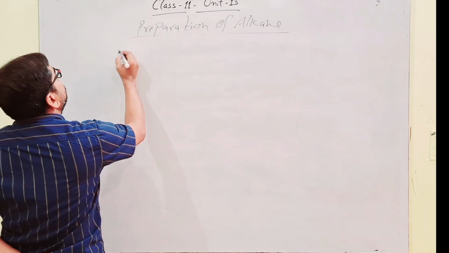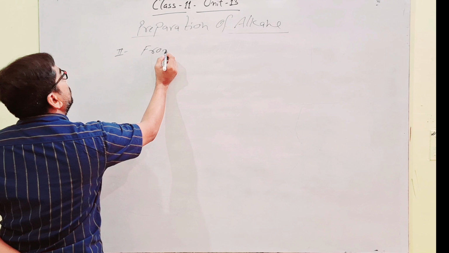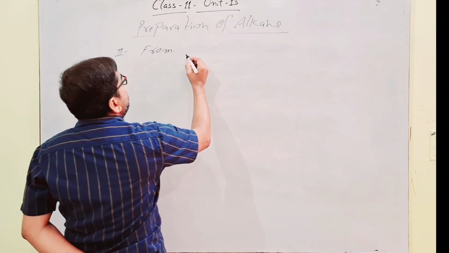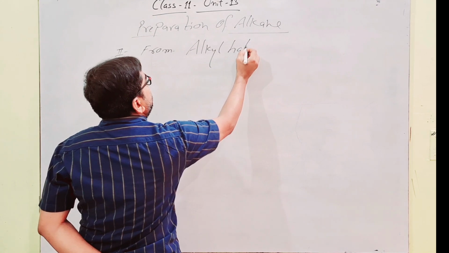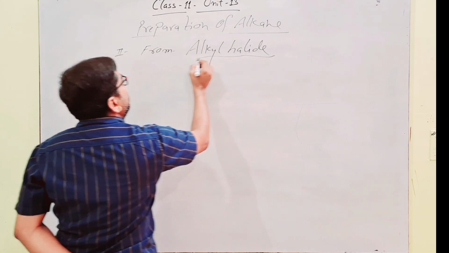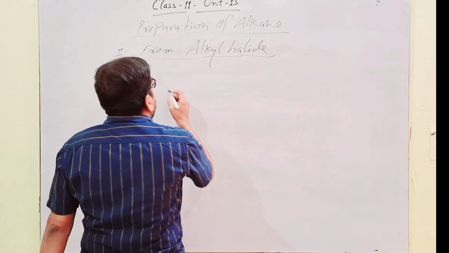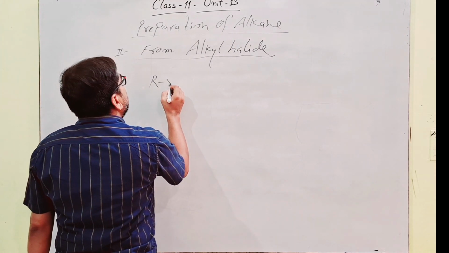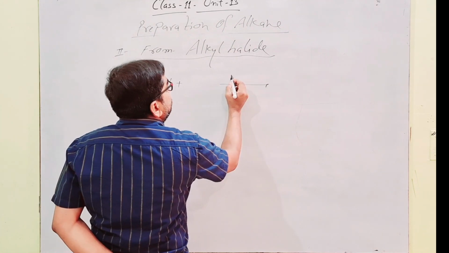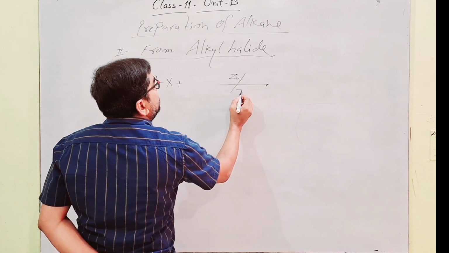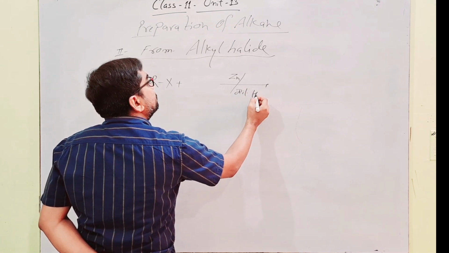Next is from alkyl halide, halogen derivatives of alkyl. Alkyl halide RX reacts with zinc and dilute HCl.